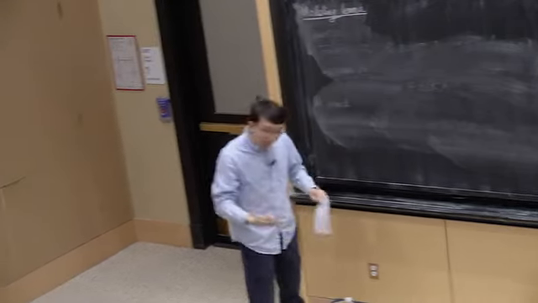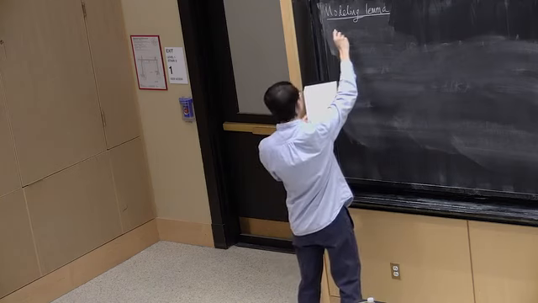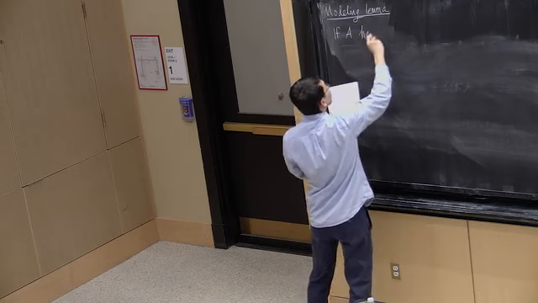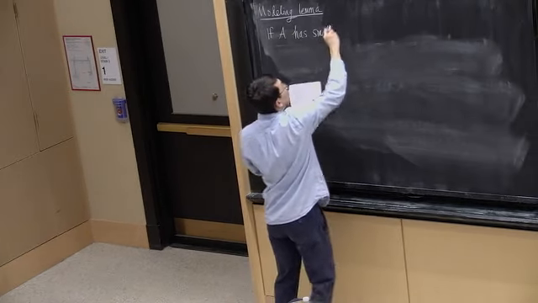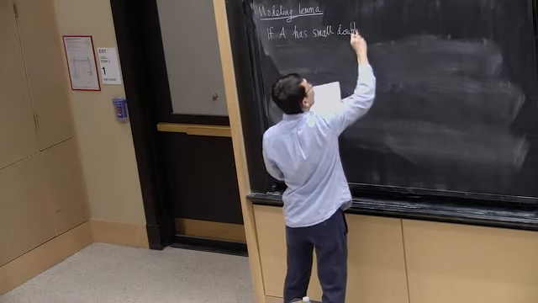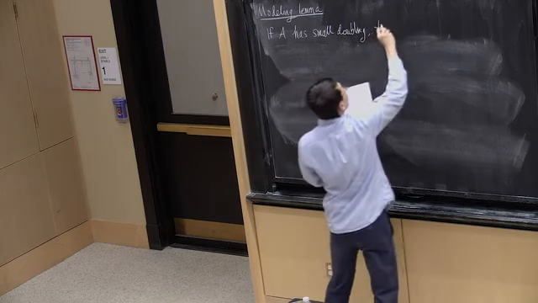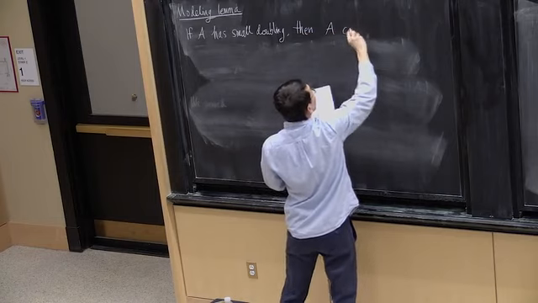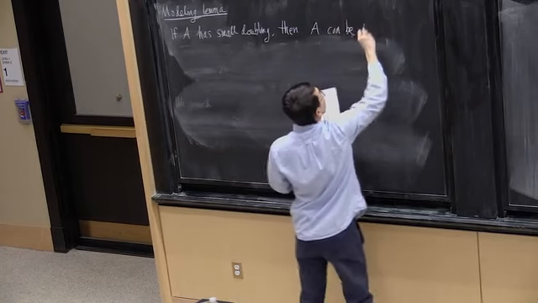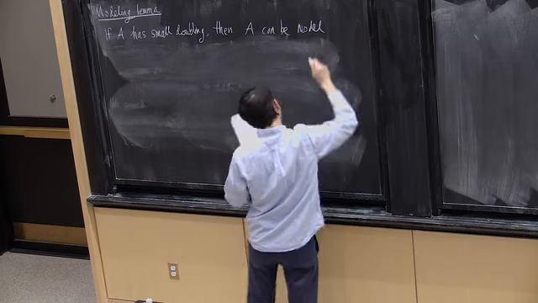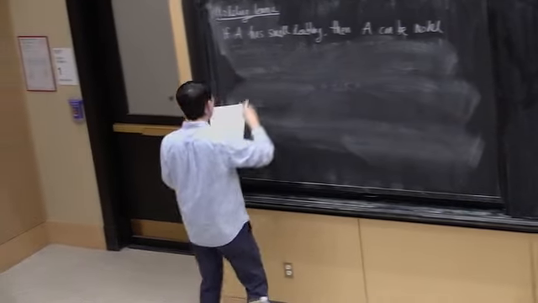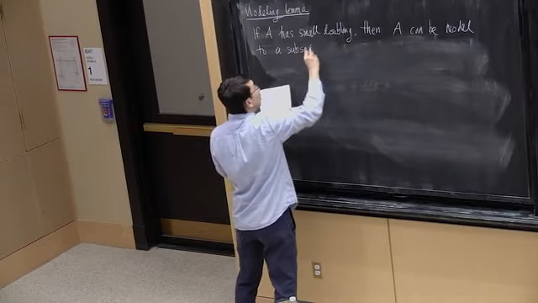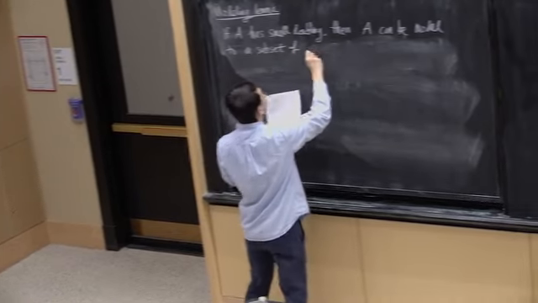The main message of the modeling lemma is that if A has small doubling, then A can be modeled. And here, that means being Freiman isomorphic to a subset of a small group.